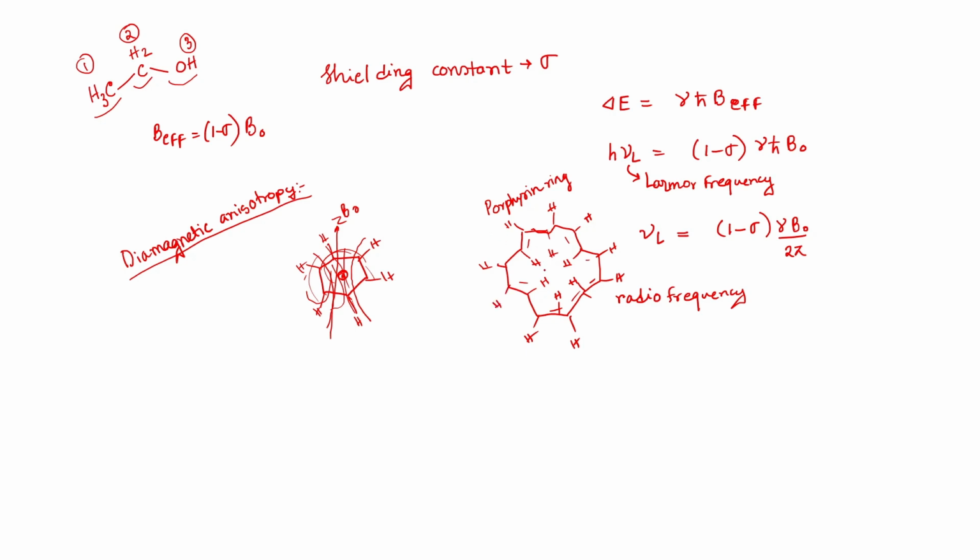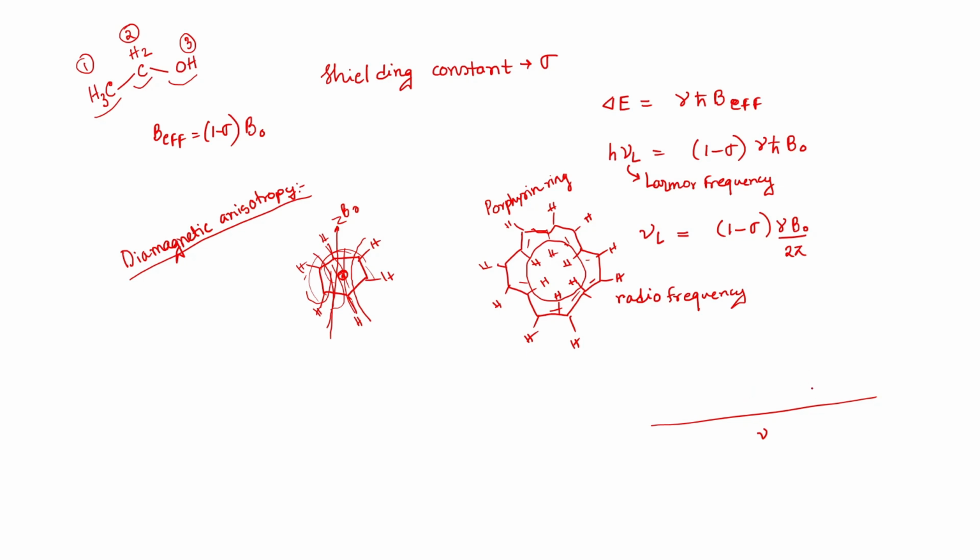In this kind of system, whatever is inside the ring is going to experience shielding. Suppose this is the NMR spectrum, in delta scale and in radio frequency scale.